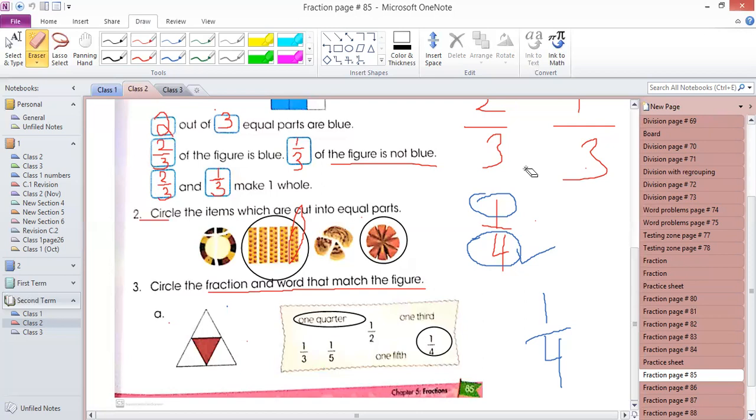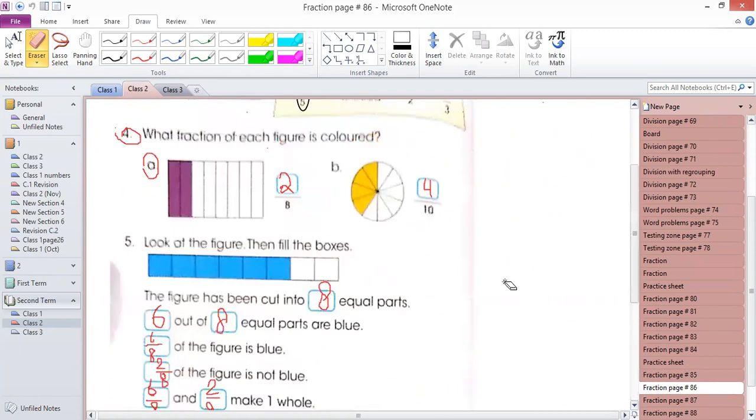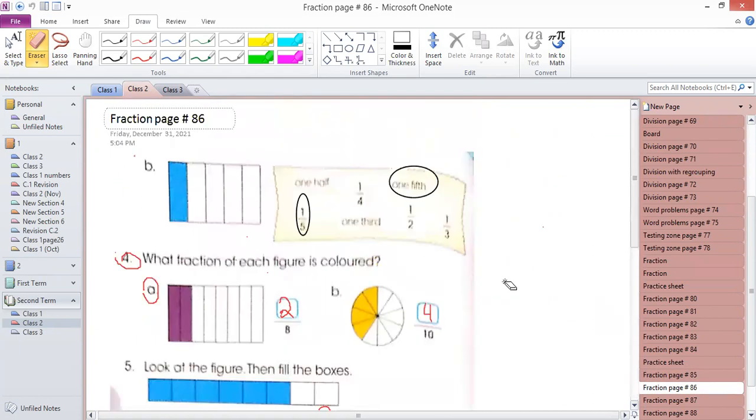So we are writing a fraction for the colored part, and the fraction that matches the figure is 1/4. We will read it as one-fourth and we will write it as 1/4. Okay. On the next page, we have another figure, and that is divided into how many equal parts? 1, 2, 3, 4, and 5.